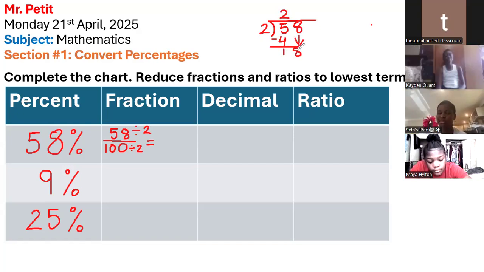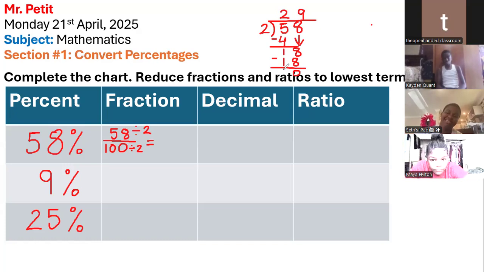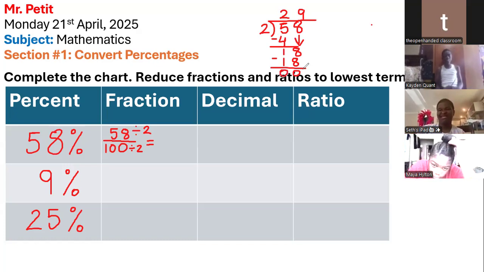How many times does 2 go into 18? 9 times. 2 times 9 is 18. 18 minus 18 gives you 0. So what is 58 divided by 2, Seth? 29, very good. So we put 29 over here.